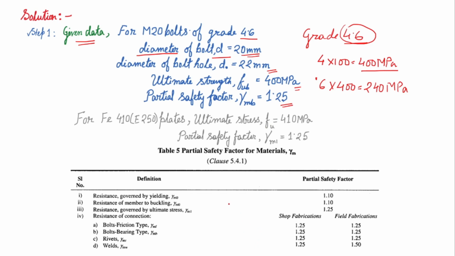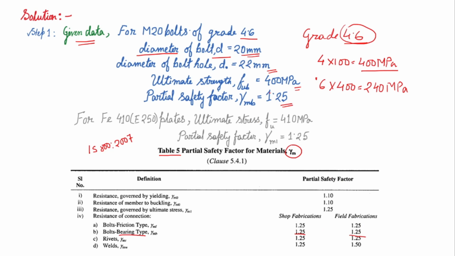Gamma MB, if you see IS 800:2007 table number 5, where the IS code has given partial safety factor for material, which is gamma M. So for bolts, whether it is friction type or bearing type, and here we are talking about the bearing type bolts, for both shop fabrication as well as field fabrication, the value is 1.25.